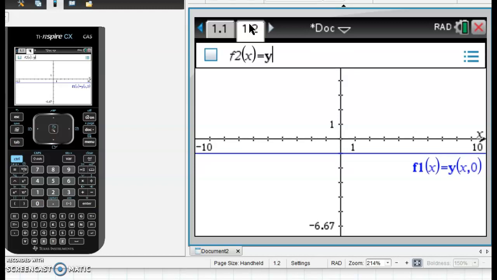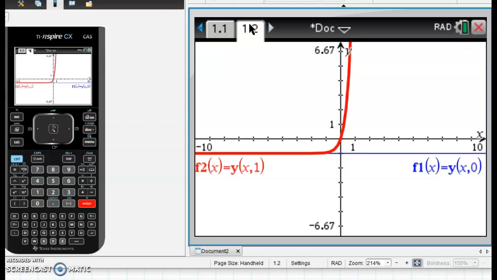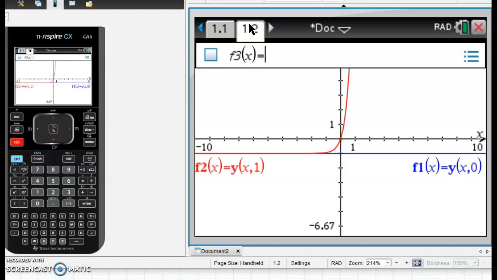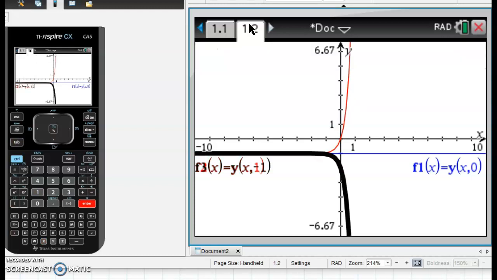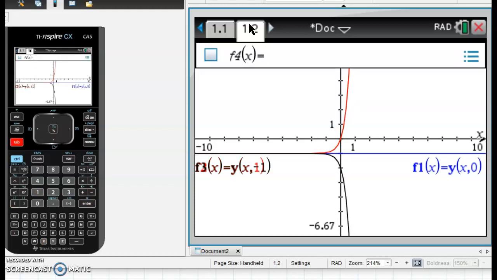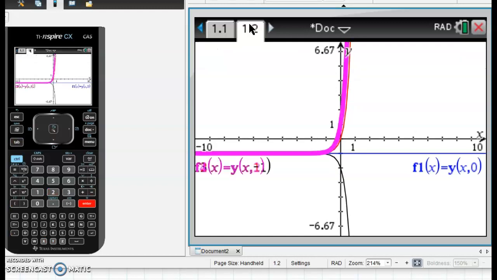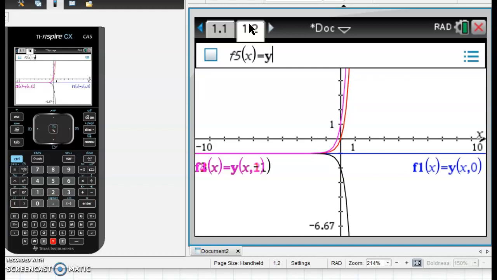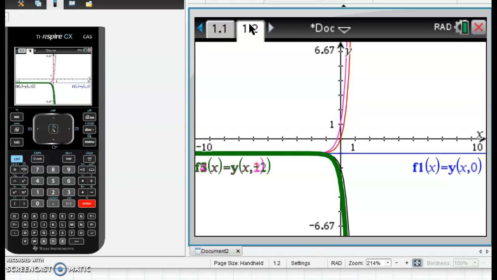I also want y of x,1. It's over there. And I also want y of x,negative 1, and y of x,2, and y of x,negative 2. So there are my functions.